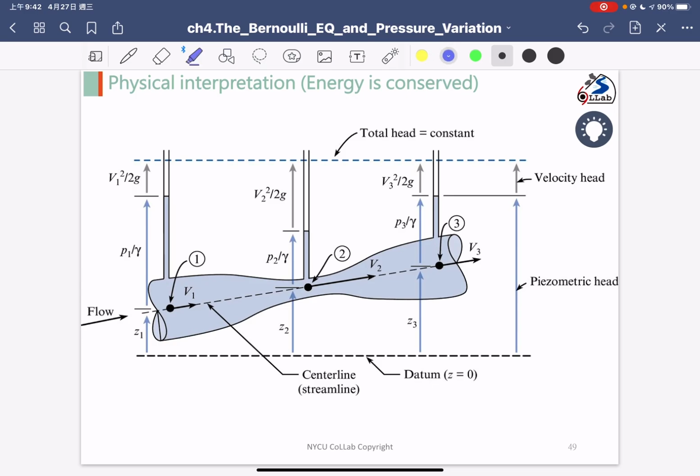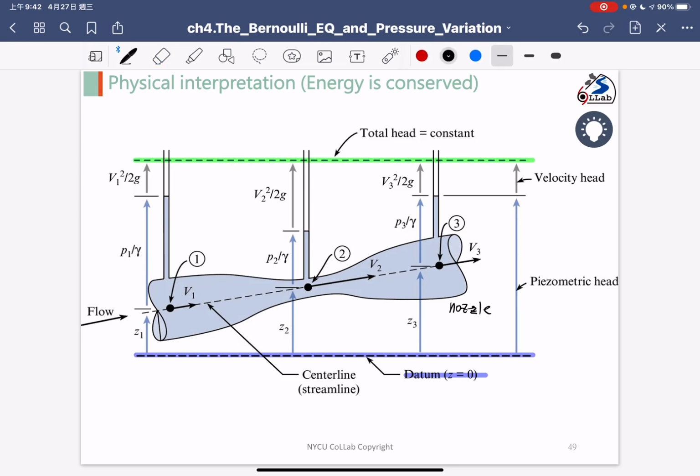Okay, and this is another case. Here we have the baseline, where we take Z to be 0, and we have the total height at the top, and we put a manometer pipe.